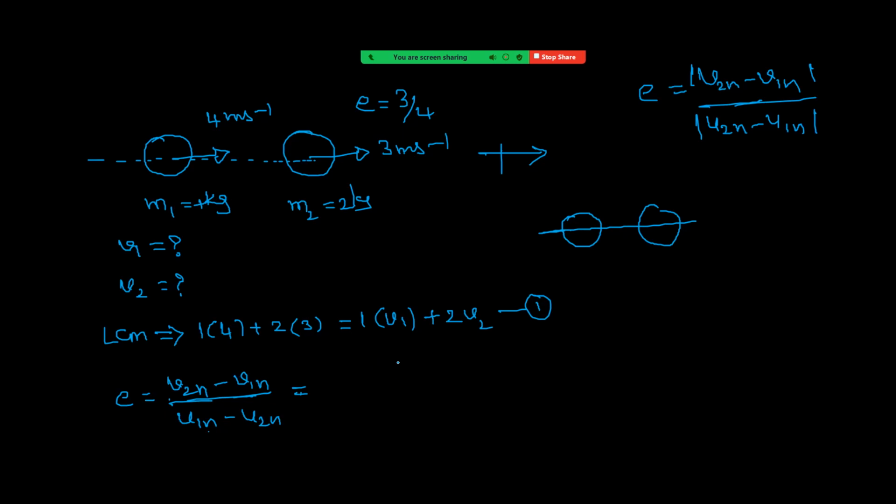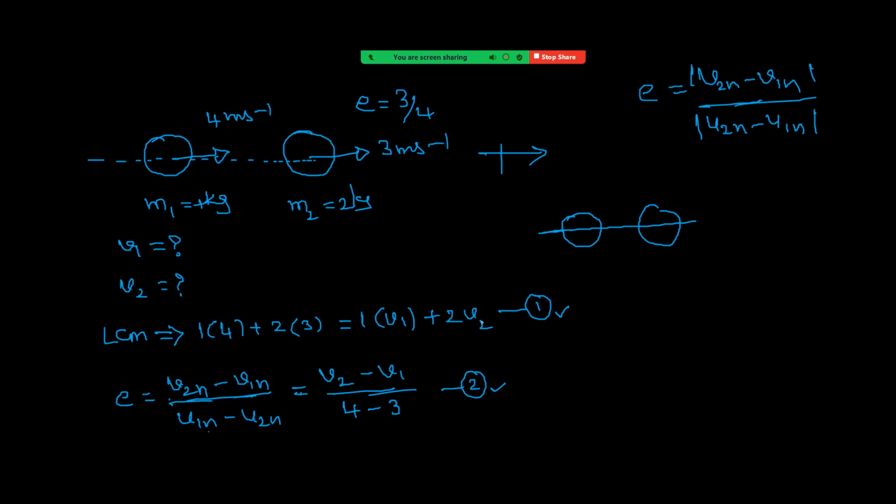After collision, we do not know their velocity directions, so we simply assume positive. Therefore V2 minus V1 upon U1, which is 4, minus U2, which is 3. So we have equation 1 and equation 2: two equations and two unknowns. By solving, we can get V1 and V2. Like this, we can solve problems based on collisions.